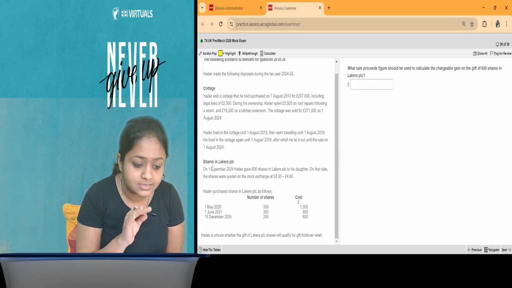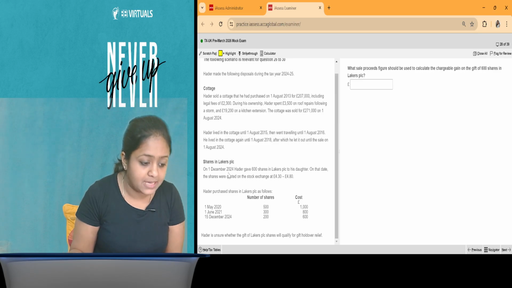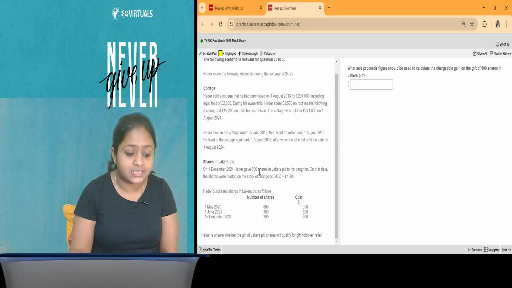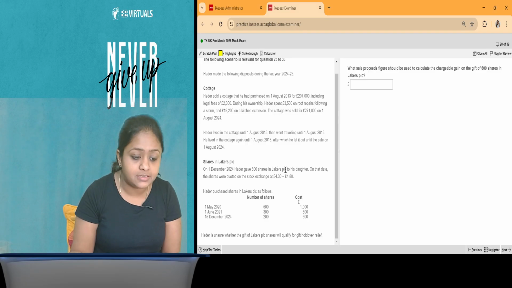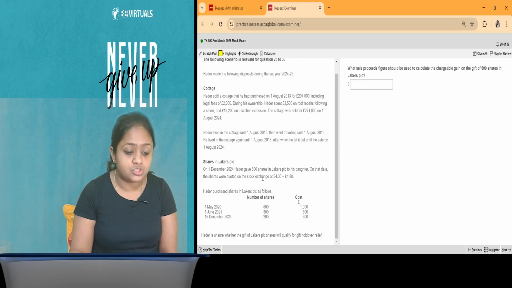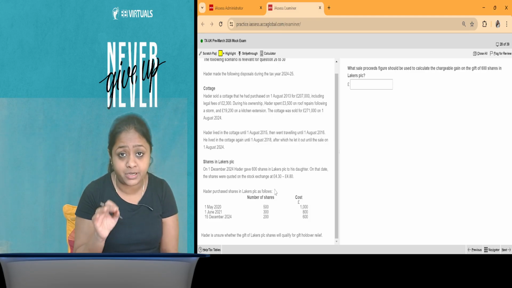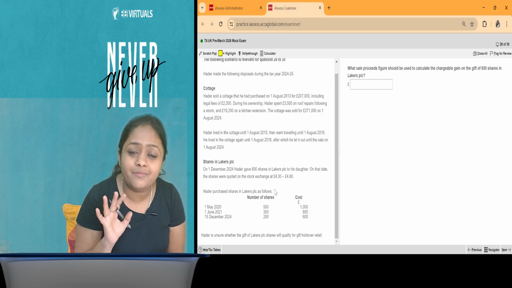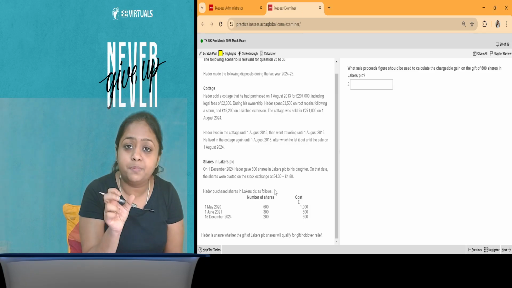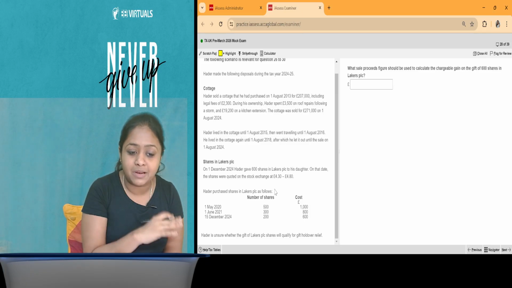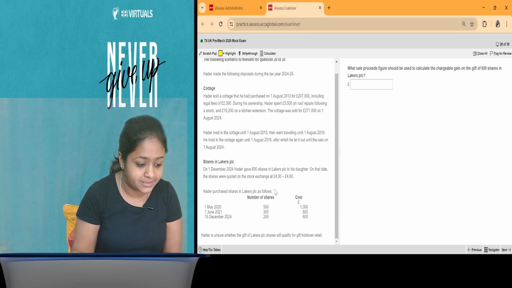On 1st December 24, Hadar gave 600 shares in Lakers company to his daughter. On that date, the shares were quoted on the stock exchange at 4.3, the opening rate, and the closing rate is 4.8. Stop. What is the way that we use in chargeable gains? Mid price. Calculate the mid price, multiply with 600 and you get your price.